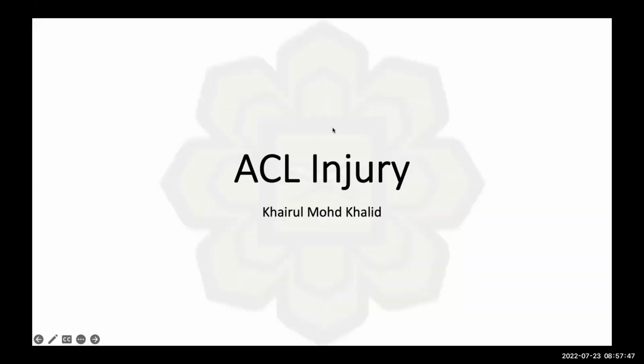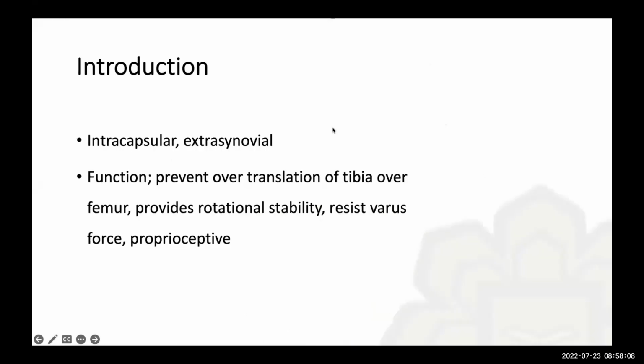Okay, let's start with the ACL injury. ACL injury is quite common in adolescents and also adults, especially young adults who are active in sports, especially football and futsal. So it's a bit of an introduction. ACL is an intracapsular ligament.